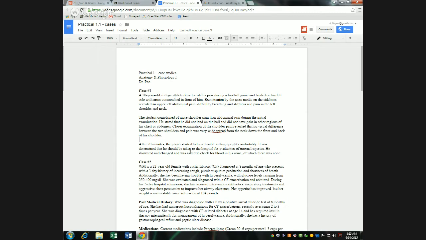However, in studying, the case study approach does give you a little bit of a clue as to what to concentrate on. Like I said, case 1 is about anatomical terminology and body cavities. From the case, you should be able to figure out which internal organ has been damaged, and so you should know where it is.